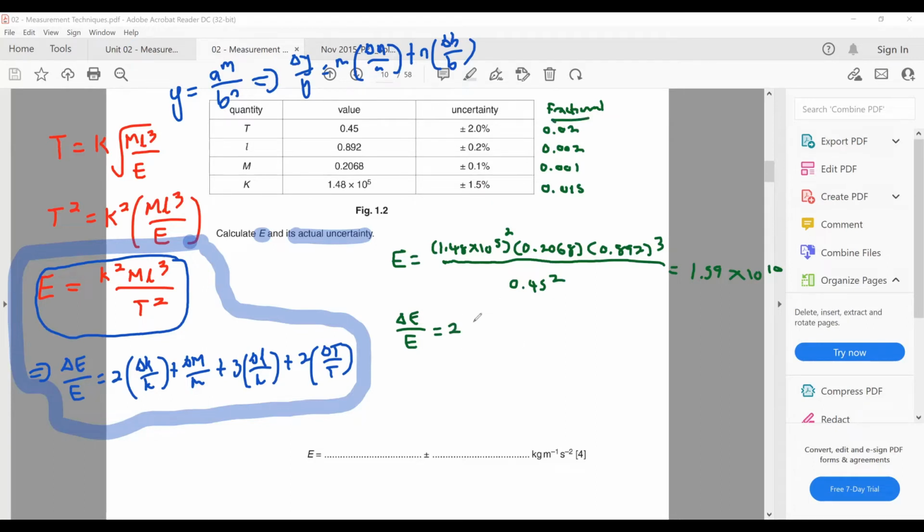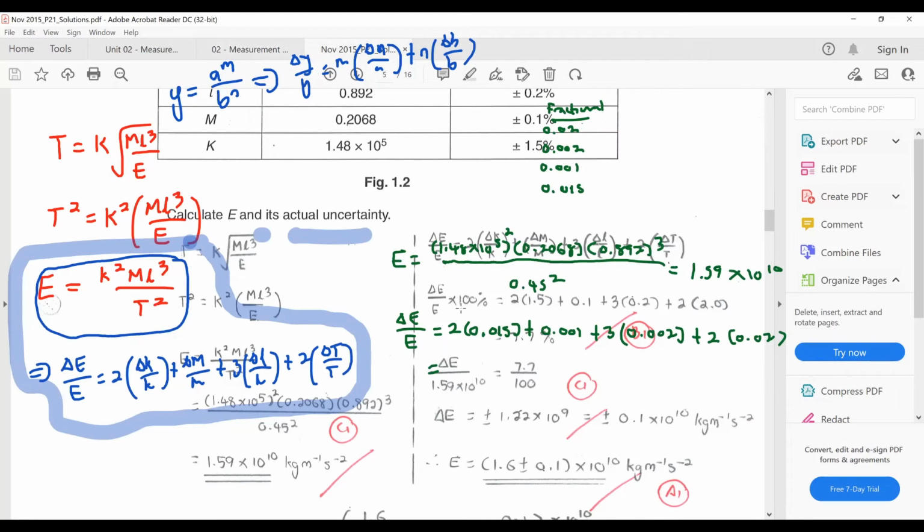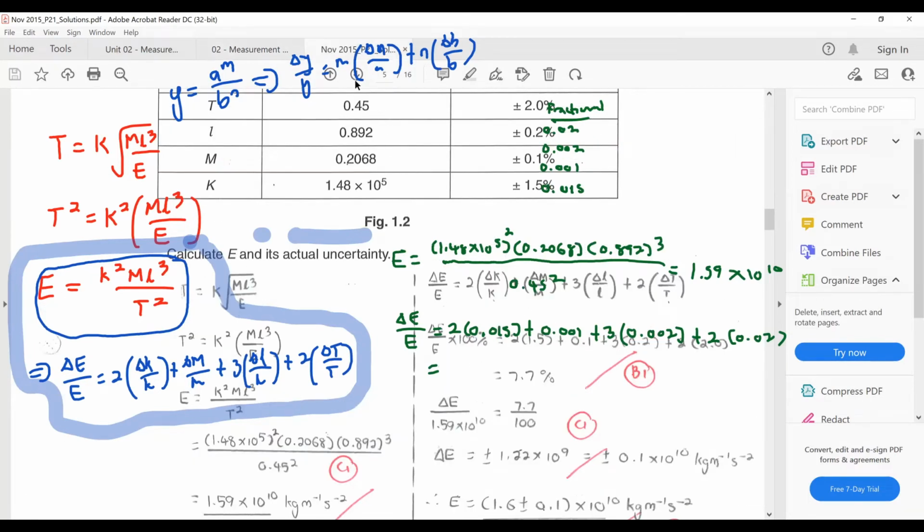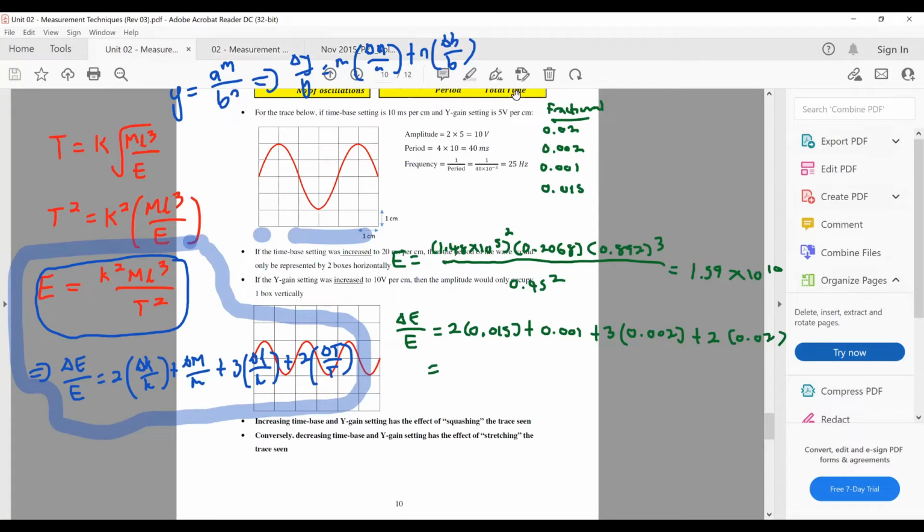So you would just say it is 2 times 0.015 plus 0.001 plus 3 times 0.002 plus 2 times 0.02, which will in turn give you 0.077, if I'm not mistaken.